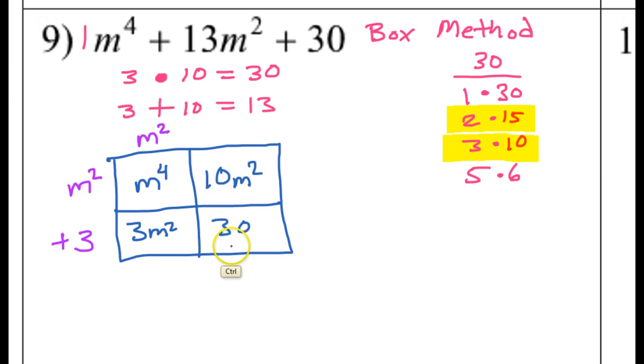The GCF of the second column is 10. All right, so these purple numbers will give me a binomial times a binomial. So here I have m squared plus 3 times m squared plus 10.